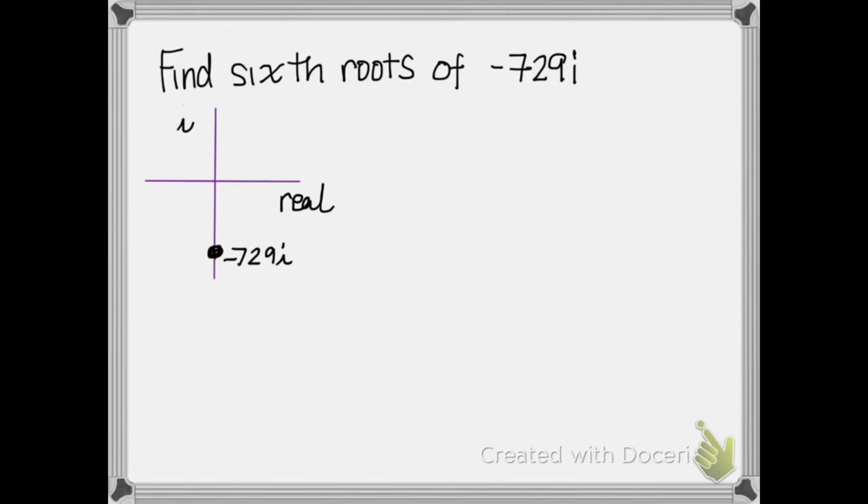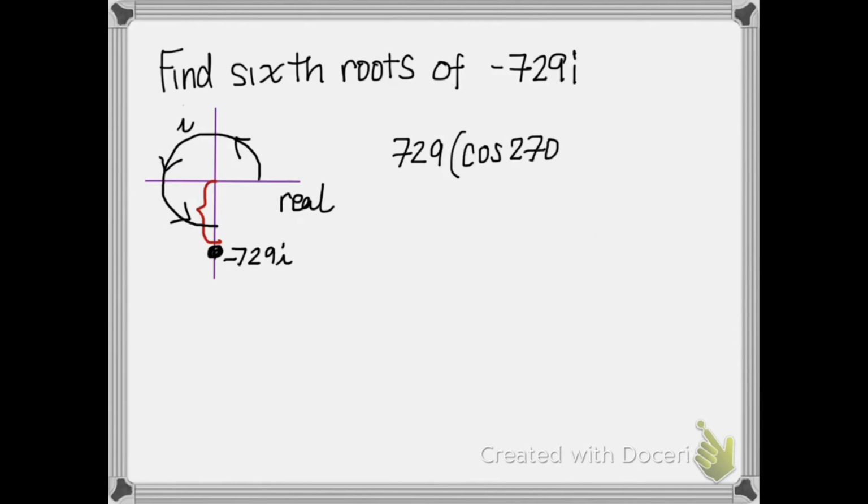The magnitude is simply the distance from the origin, which in this case is 729. And then I want the angle, which I measure from standard position as if it were a unit circle, this way, and that's 270 degrees.